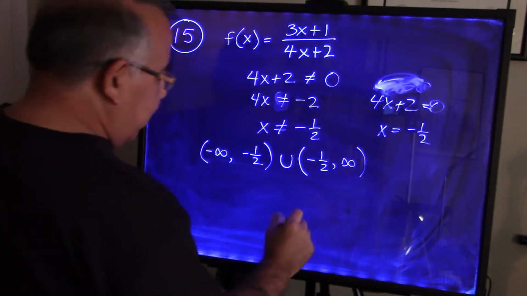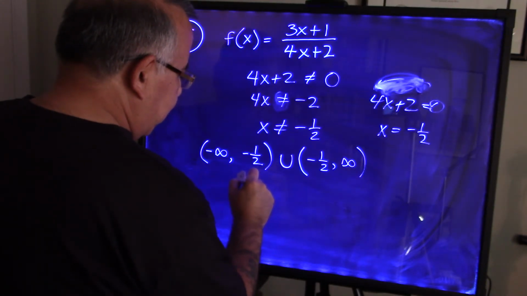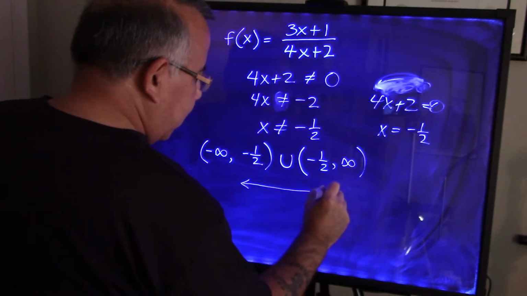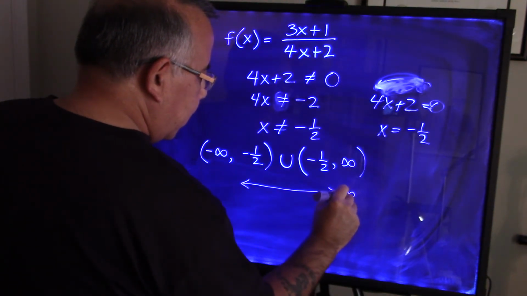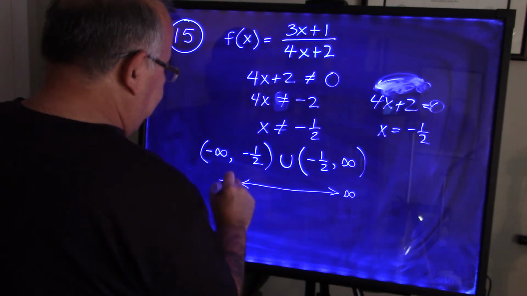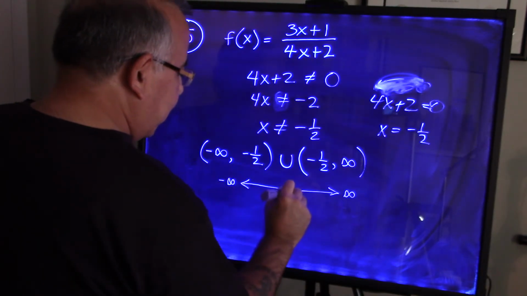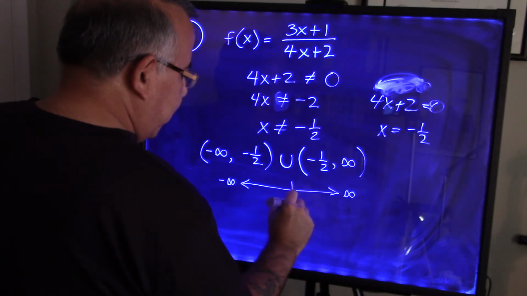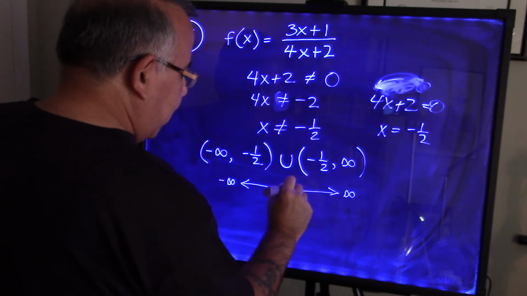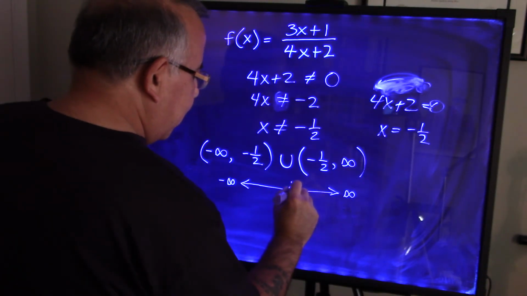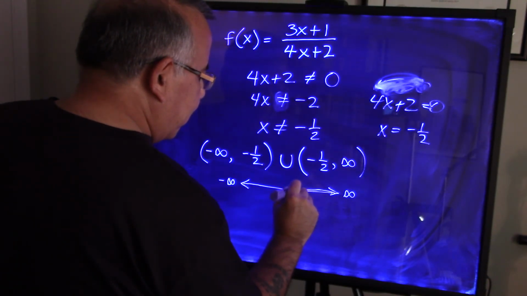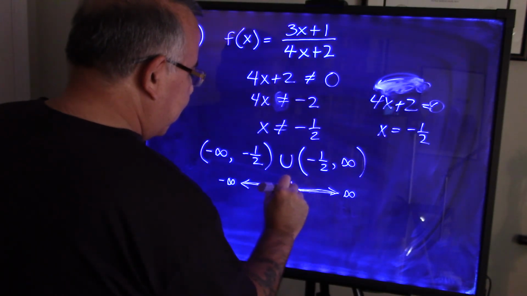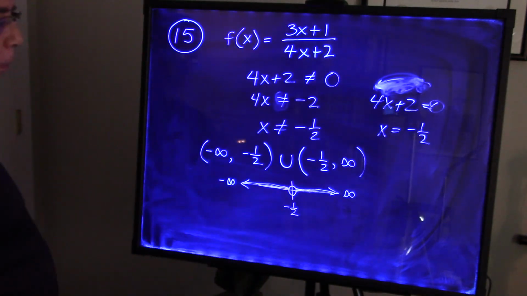So basically, if you graph this on a number line, that's going toward infinity and that's going toward negative infinity. You're not including the point negative 1/2. I'll put an open circle around that, where you're including everything else to the right and to the left on the number line. All right.